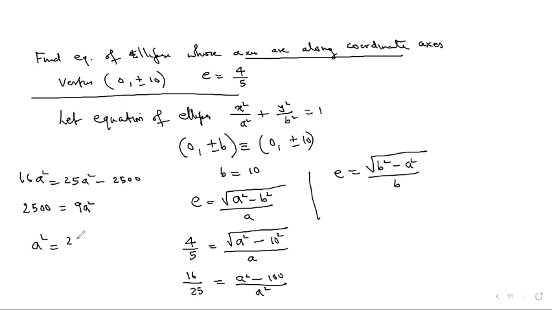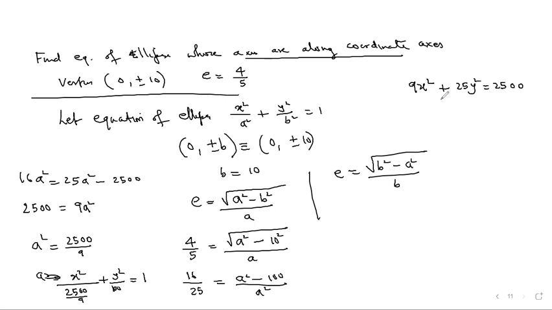So a square is 2500 upon 9. So we write the equation: x square upon 2500 by 9 plus y square upon 100 equal to 1. So my answer is 9x square plus 25y square is 2500.